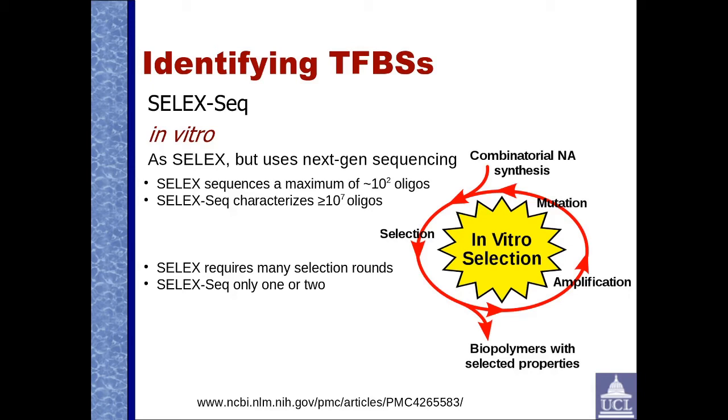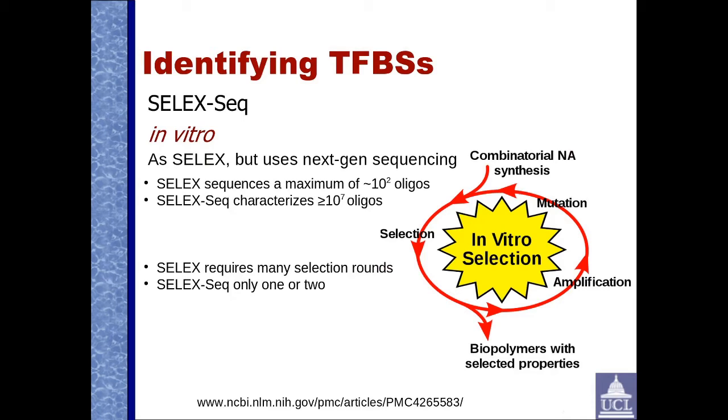In the case of SELEX-seq, we use next generation sequencing, and that allows us to characterize more than 10 million oligos. In addition, SELEX requires many selection rounds, whereas SELEX-seq, because we're able to do more sequencing, allows us to use only 1 or 2 selection rounds.